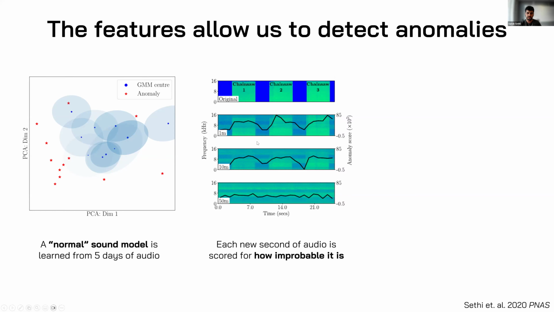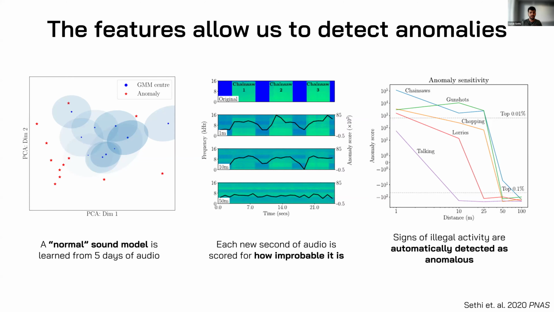You can see the anomaly score peaks for each of the chainsaw sounds, and the effect is less severe when the playback is performed further away. So we're detecting anomalous, improbable sounds, but we're never telling the model what a chainsaw is, or that a chainsaw is important. We can detect unexpected sounds without any model.